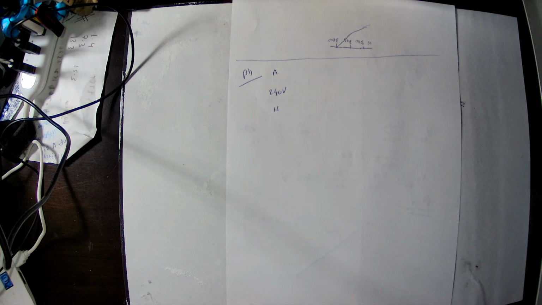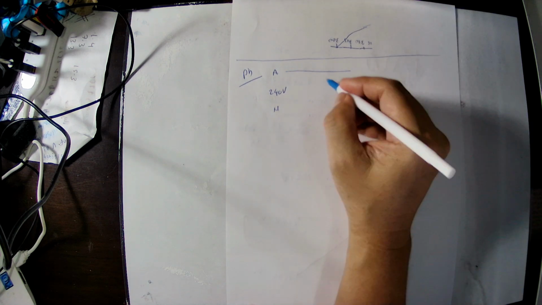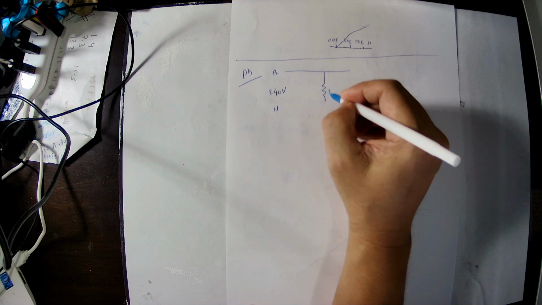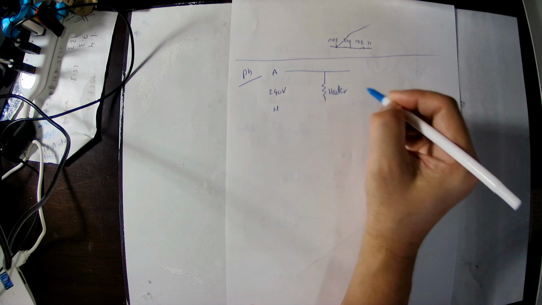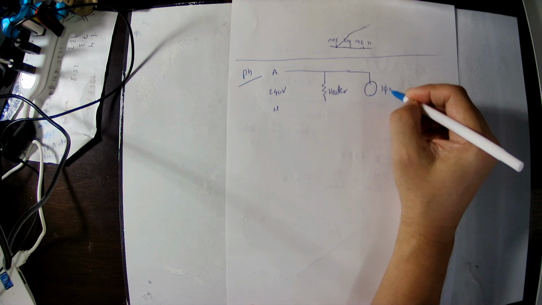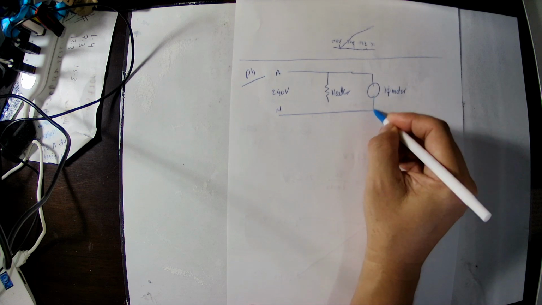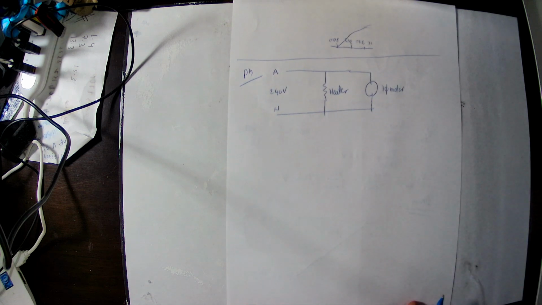So we can connect the two loads. Here is the heater. Here is the motor. Heater and motor are connected in parallel across a 240 volt supply. So in this case, the heater draws 10 ampere.